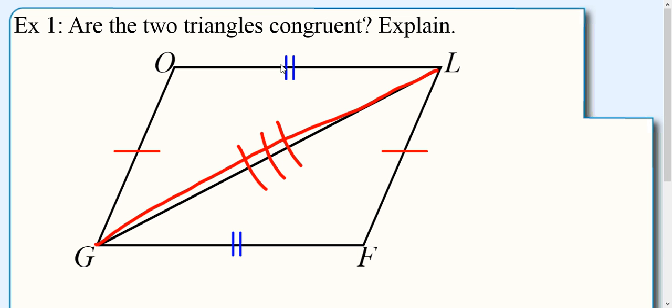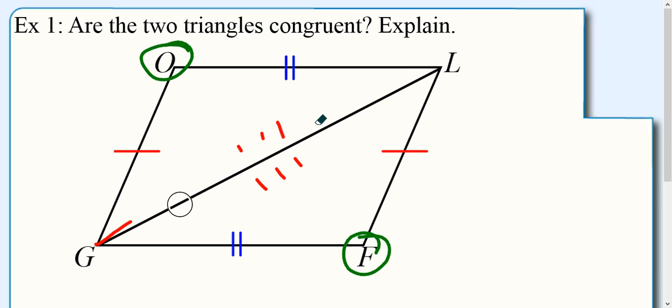So that means that we need to match up our sides. Side OG needs to match up with side LF. And of those two letters, O and F are going to have to match up. Because to make this work, if we were looking for a series of rigid motions that would make this work, we would trace it out.